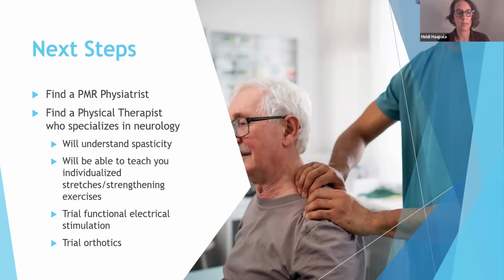The therapists work with patients who've had strokes, spinal cord injuries, or brain injuries, so they're very used to dealing with neurological issues such as spasticity and using orthotics. And they usually are staffed, because they're associated with the hospital, to treat patients one-on-one.